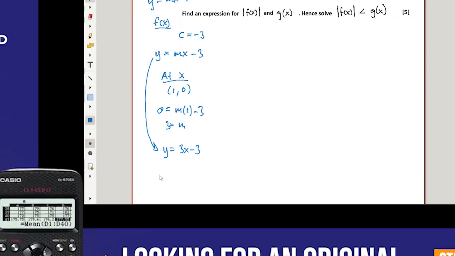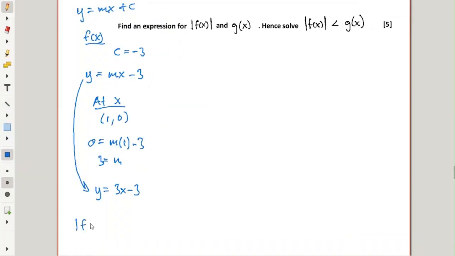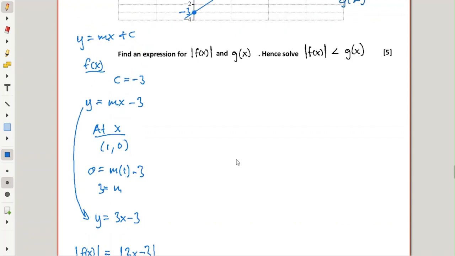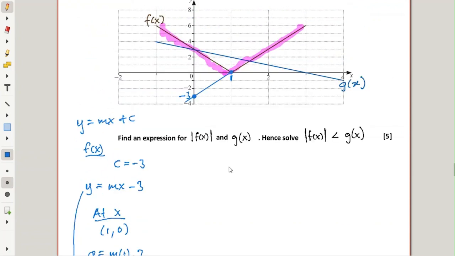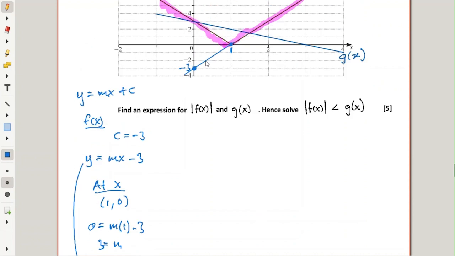All right. So the modulus function is simply going to be 3x minus 3. Well, they're going to have two possibilities. It's either the graph goes like this or it comes like that. So you can also find it from this line, but I prefer to use this one.